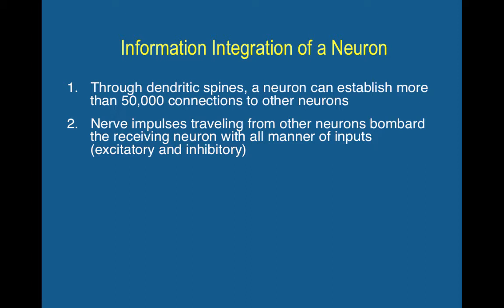So what this means is that if you were to picture a neuron as a bit of a tree, and you have the main trunk of the tree, which would be the axon, and then you would have all the dendritic spines and branches, and those would be the branches of the tree. So the trunk can get information from all of these branches.